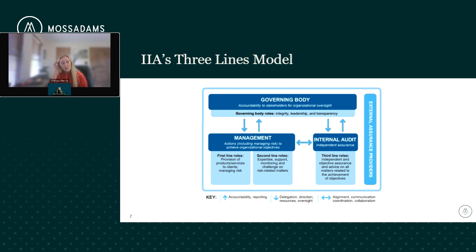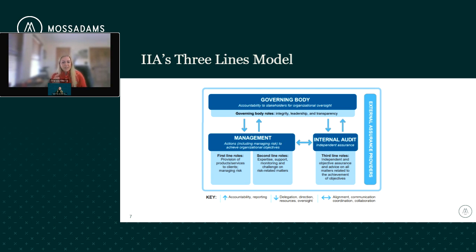The other really important thing to remember, especially when looking at this illustration, is that on the far right side is where we talk about the external assurance providers. So that really would be your financial audit. And sometimes, because we have the financial audit and internal audit, the word audit will get people tripped up, and so we're going to talk about those differences.